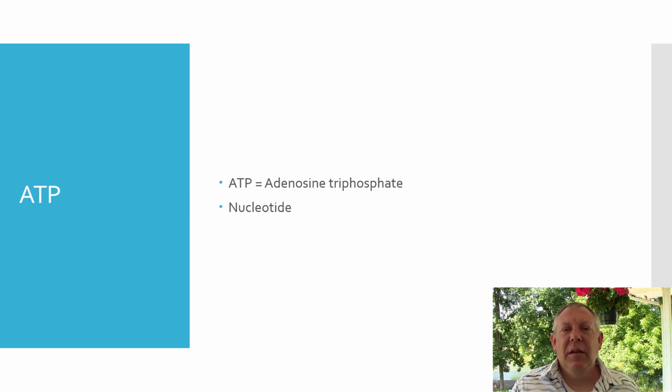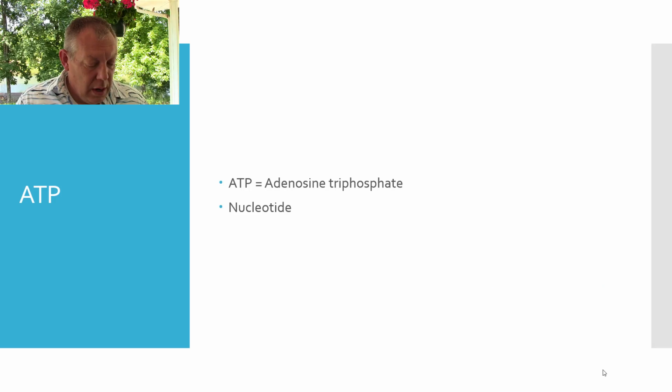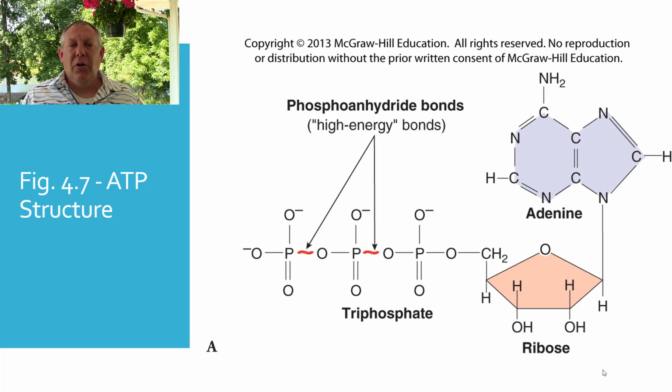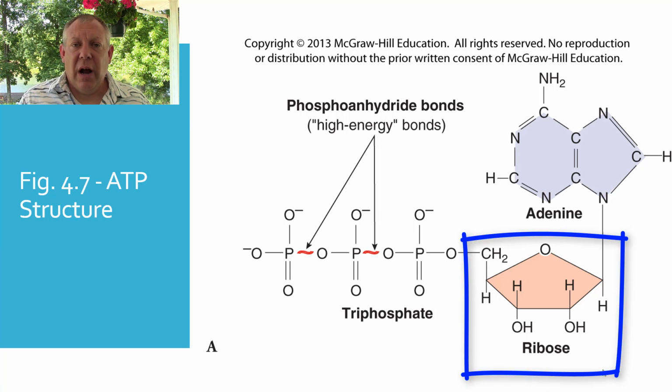ATP stands for adenosine triphosphate, and it's a nucleotide. Adenine is one of the nucleotides you learned about that's used to build DNA. This is actually a ribonucleic nucleotide, so this uses ribose. Here's a figure from your book showing the structure of ATP. You recall what a nucleotide is: it's a sugar with a nitrogenous base and a phosphate.